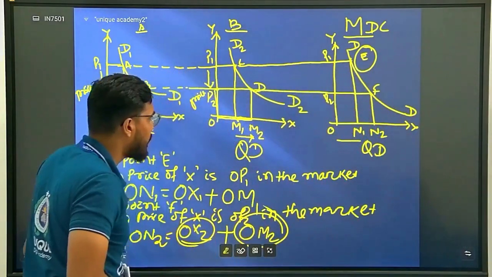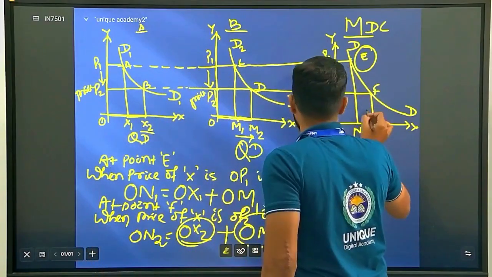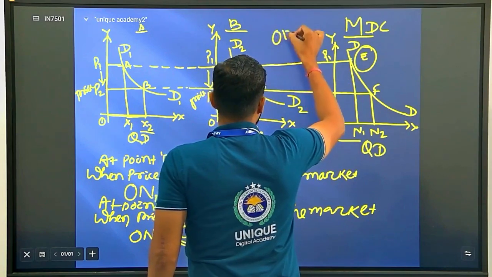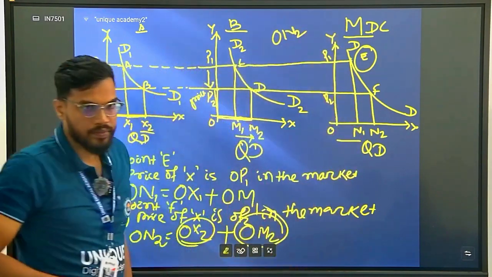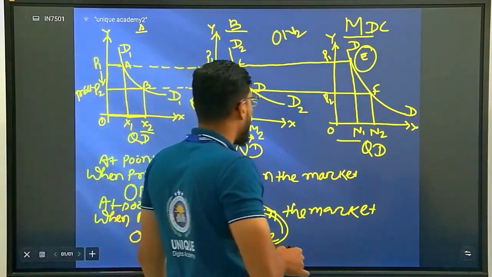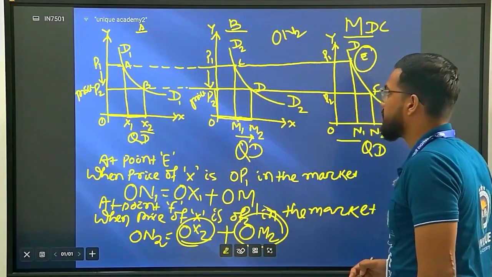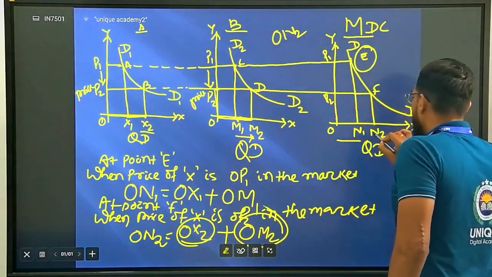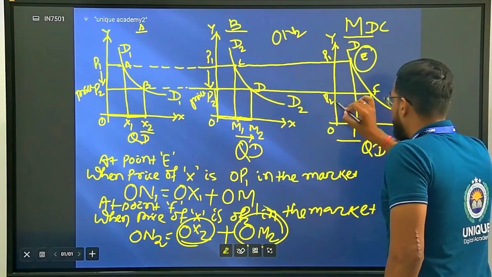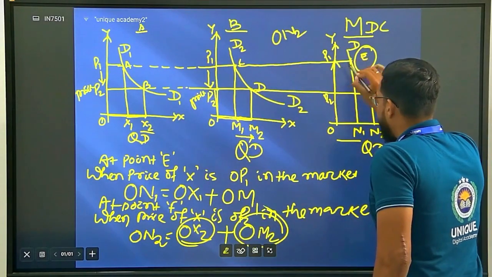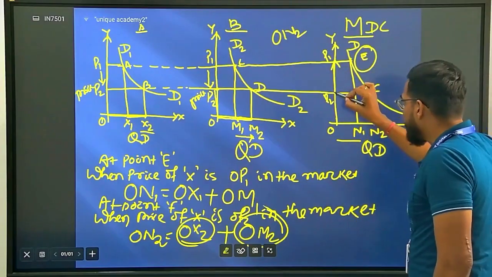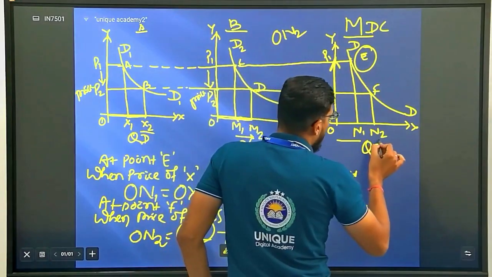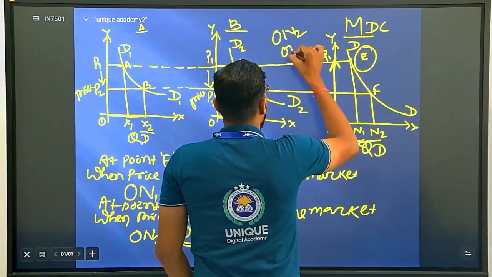Similarly, when the price of the product is OP2, the market demand at point F is ON2, and when the price of the product increases from OP2 to OP1, the demand declines from ON2 to ON1.